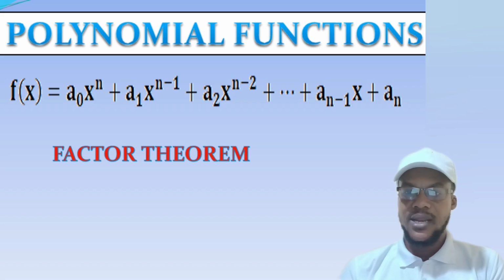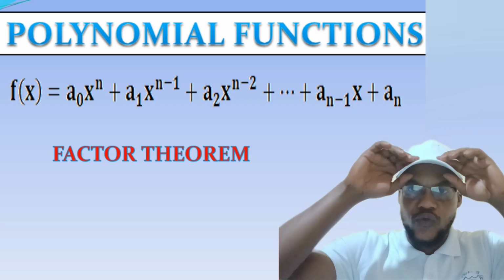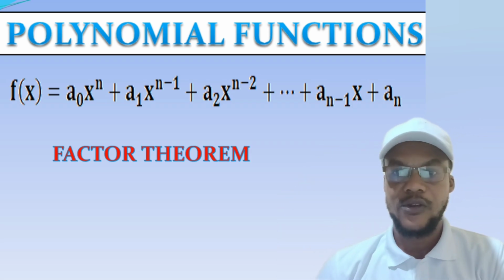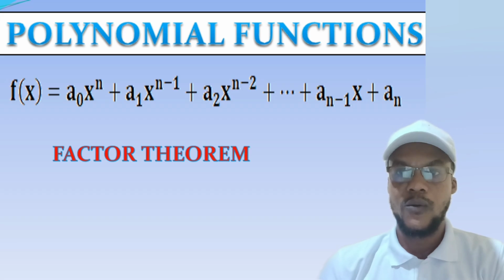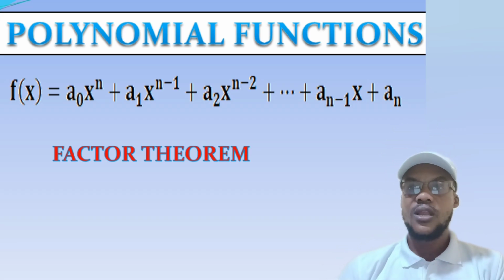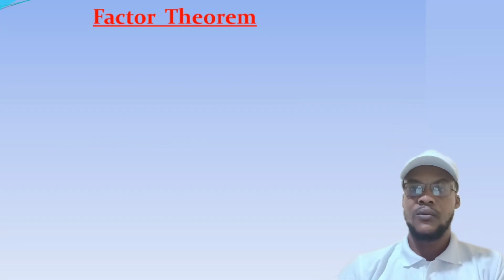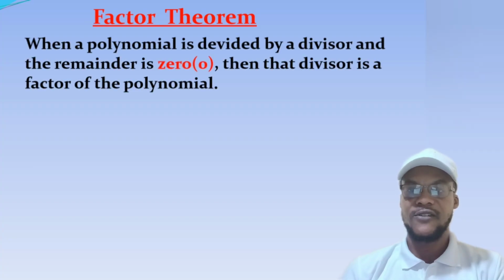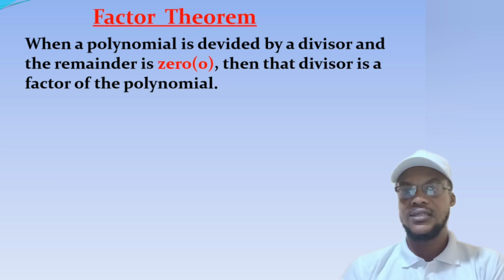Without wasting my time, let's quickly look at what we mean by factor theorem. For this concept, we are saying that when a polynomial is divided by a divisor and the remainder is 0, then that divisor is a factor of the polynomial.